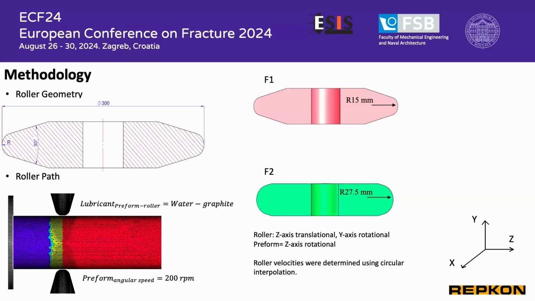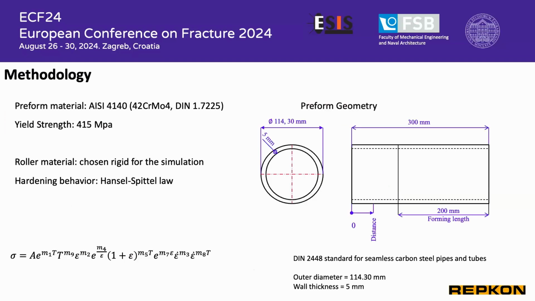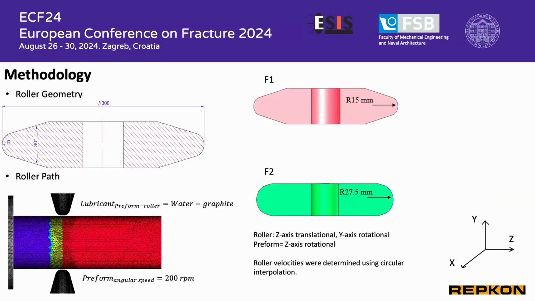For rollers, I actually wrote here 2 degrees of freedom, but actually we have 3, because they are also rotating around their axis, and then they are moving along that axis, and they are also compressing the preform here.